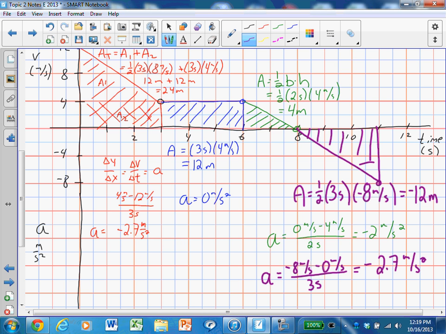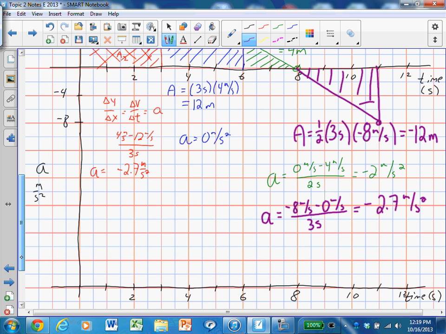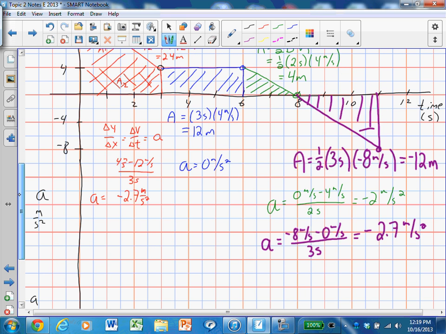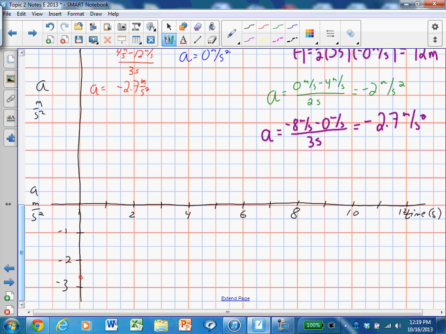So when we graph this, we have to go down to like a negative 3 or so. Minus 1, minus 2, minus 3. This is our a, meters per second squared. The first one was minus 2.7, and that was for 3 seconds, right? So that's minus 2.7, straight line.